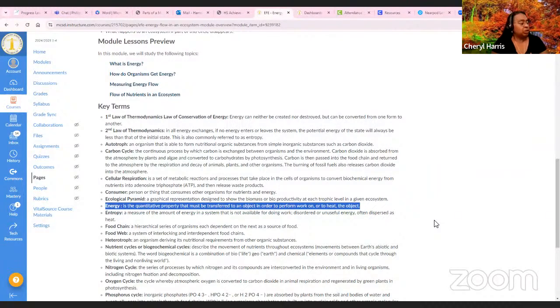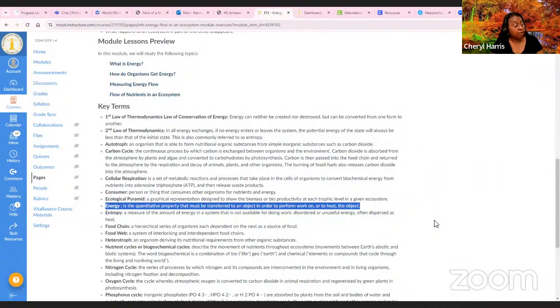In other words, we're going to take in food for fuel, and then we're going to transfer the energy that is stored in that food to your muscles, to your cells, to your eyelids. If you yawn, to your jaw muscles. So the energy that you take in the food is transferred so that you can perform some type of work.